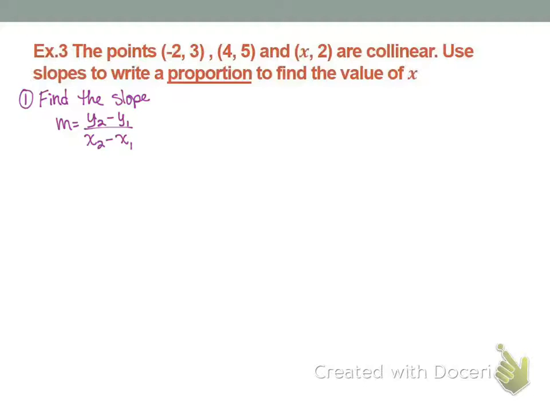So let's do that using the points that I know. My slope, what am I plugging into my numerator? Over. Very good. Remember, when you subtract a negative, it turns positive. 5 minus 3 over, simplifies to be, okay, so that is definitely the slope.